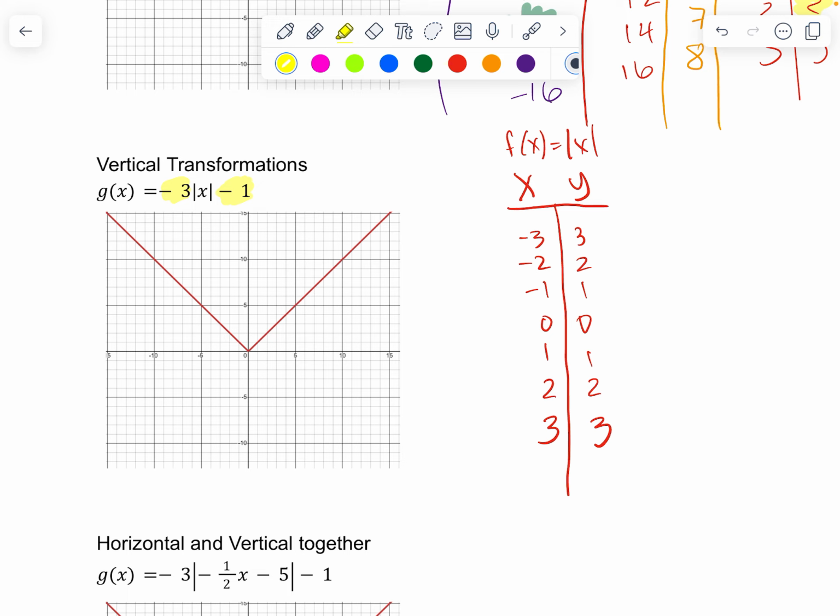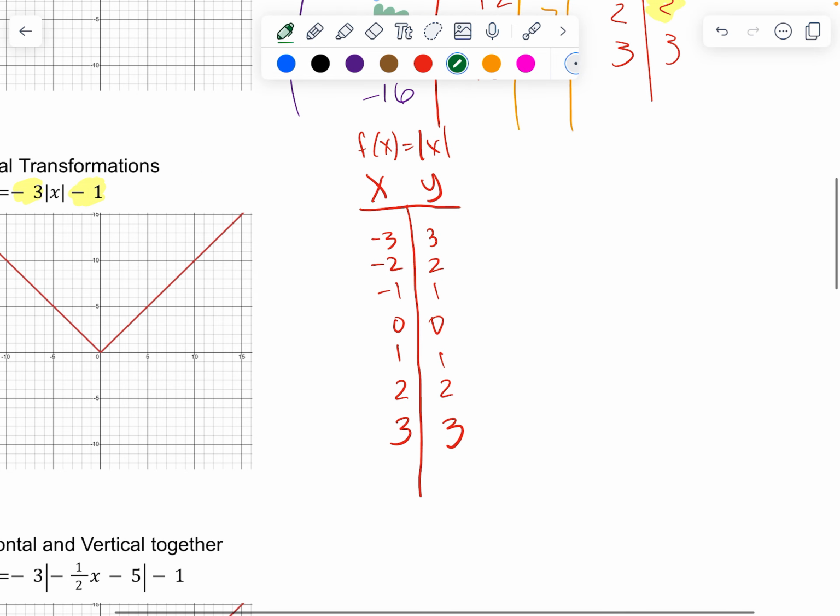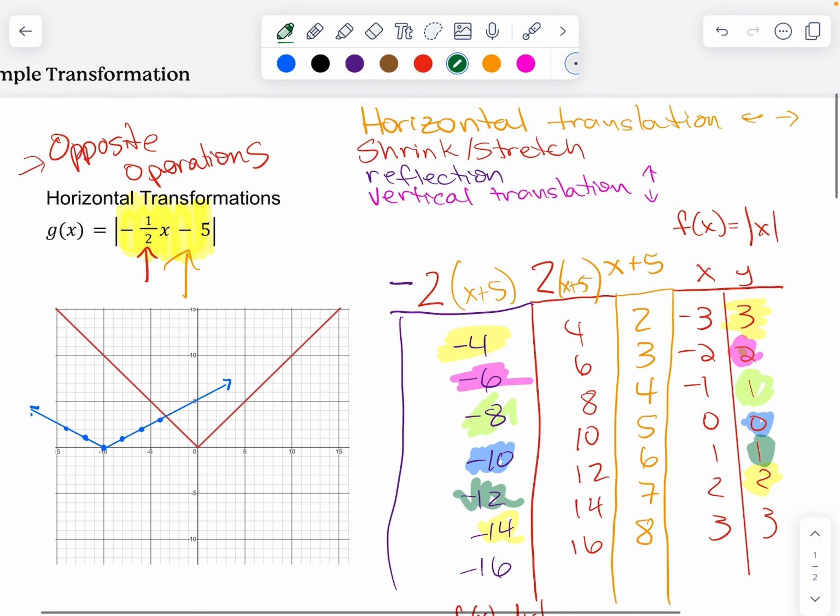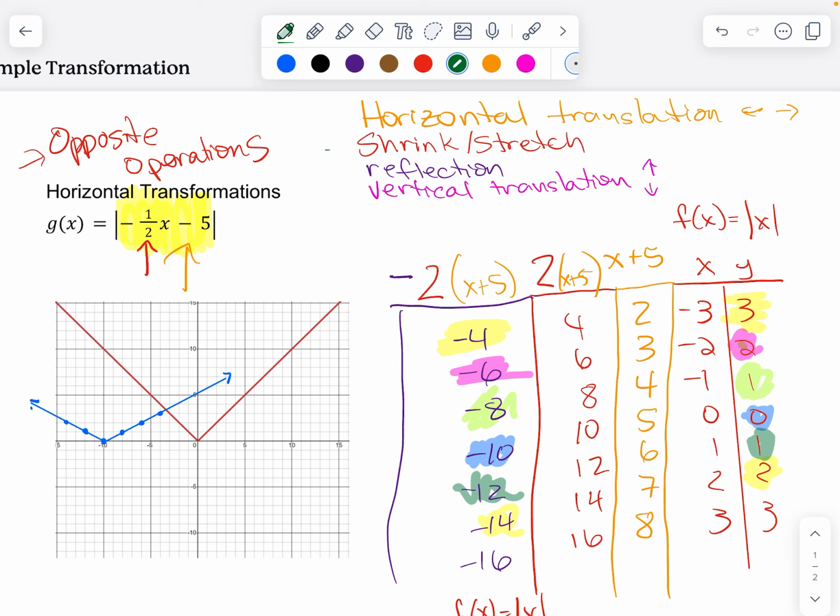So the very first thing that we're going to do, I'm going to use this instead of using another red, because we need to do the shrink and stretch. So I'm going to do it in red on this one. So shrink and stretch.